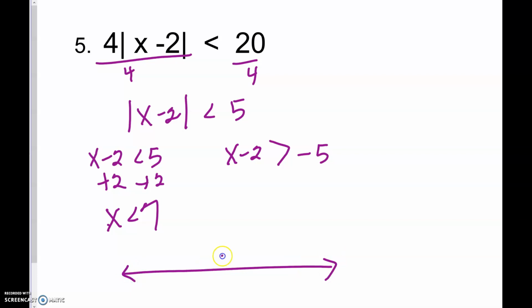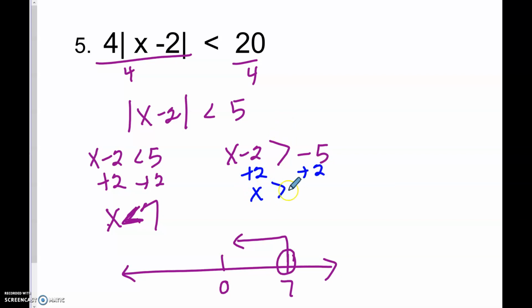So on my number line here at 7, is it going to be open or closed? It's going to be an open circle because it has less than, no sign underneath it. So I'm going to have an open circle, and that says any number is less than 7, so it goes this way. All right, in my second one over here, I'm going to add 2. Use your calculators.